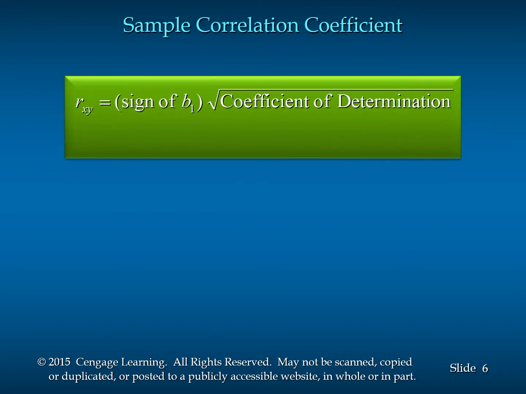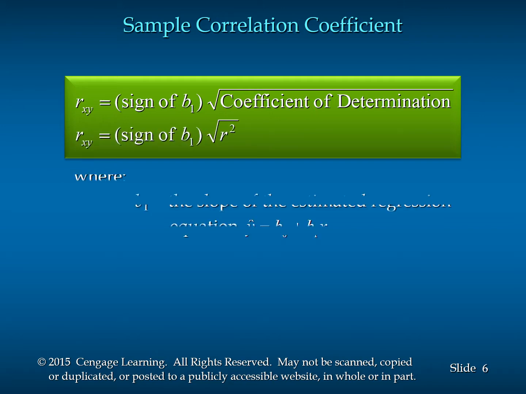The correlation coefficient, r, is the square root of the coefficient of determination, but with the same sign as the slope, beta sub 1.